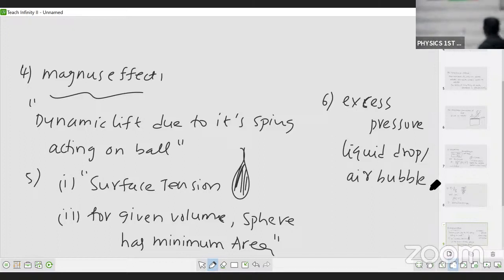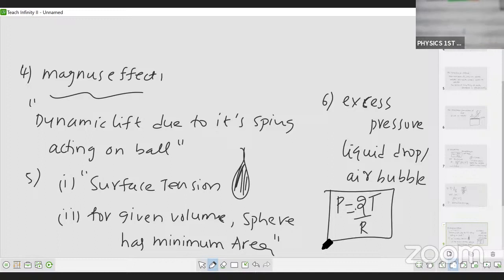That's why I am writing air bubble and liquid drop. 2T by R. T is nothing but surface tension, R is nothing but radius. So we are writing 2T by R. This formula is the same for a liquid drop and an air bubble.